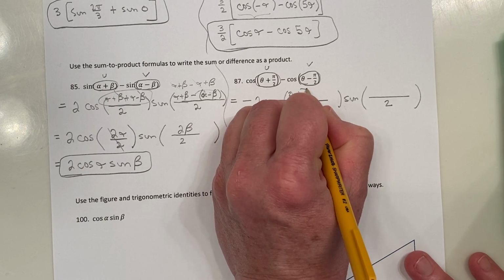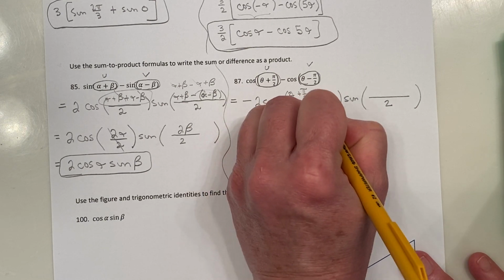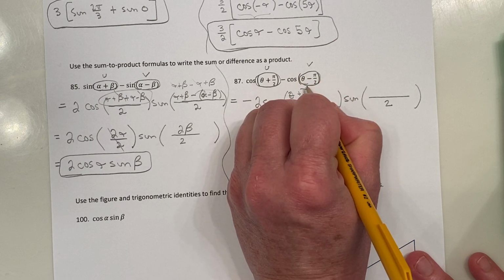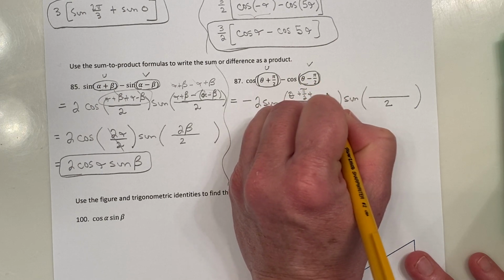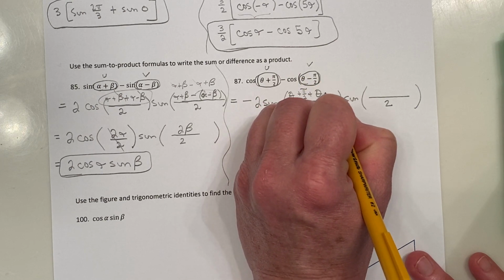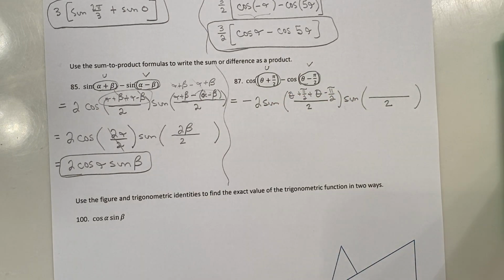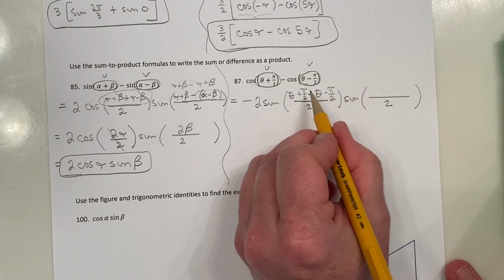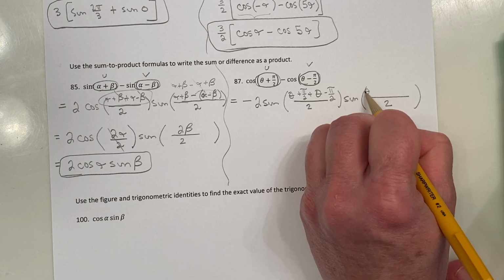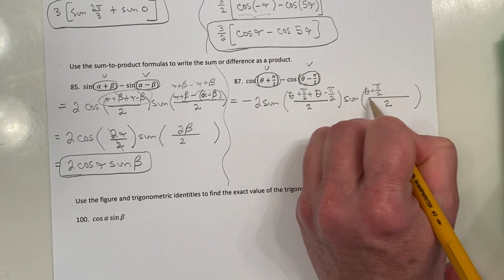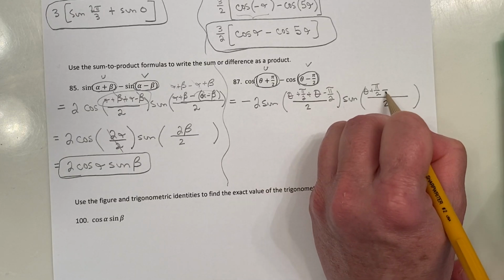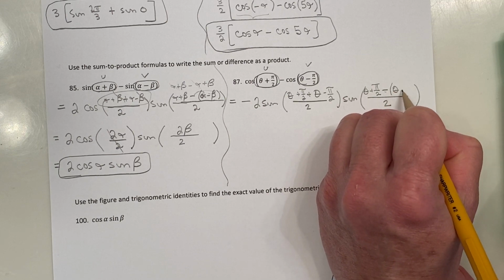So theta plus pi over 2 plus, I don't need a parenthesis around v because I'm adding. I don't have to distribute a negative in. Theta minus pi over 2. Over here, though, I have to do u minus v. So it's theta plus pi over 2. You don't need parentheses up front. It's just when you fall behind the subtraction sign. Minus theta minus pi over 2.